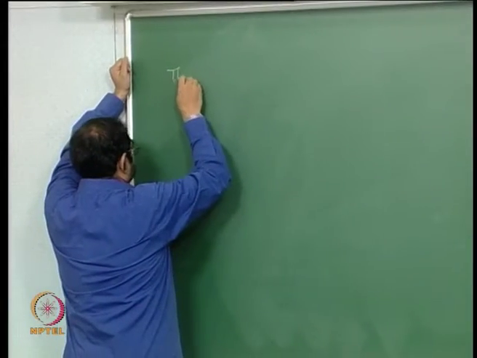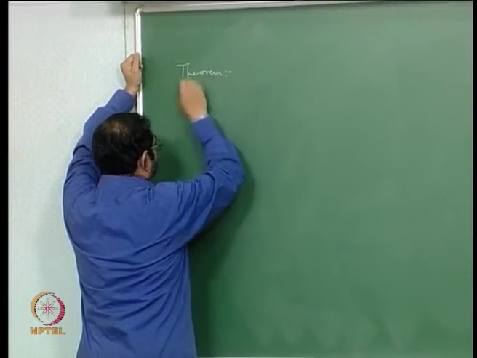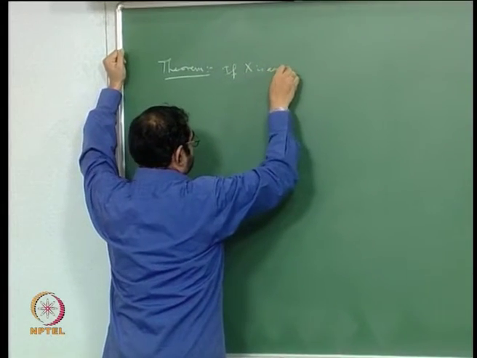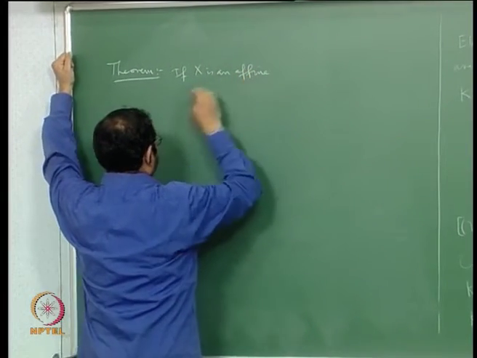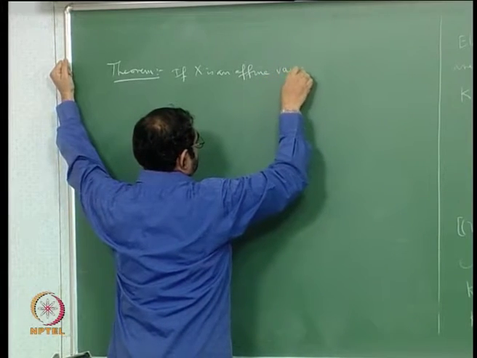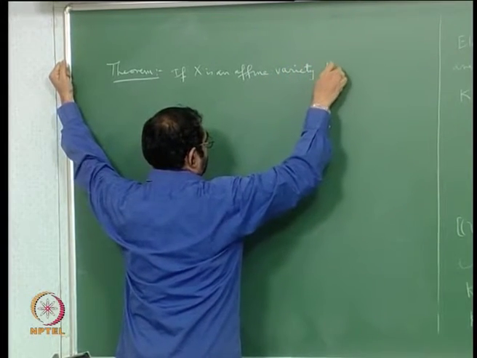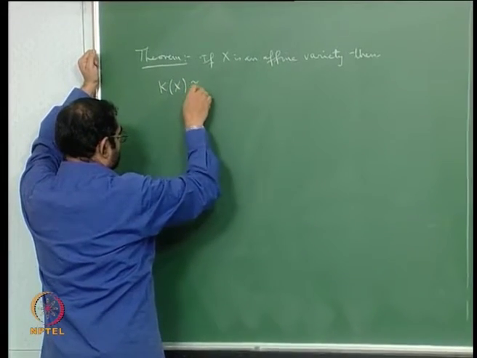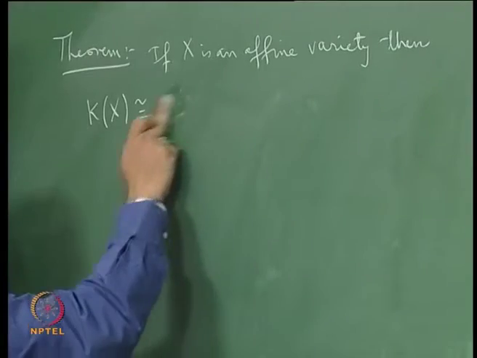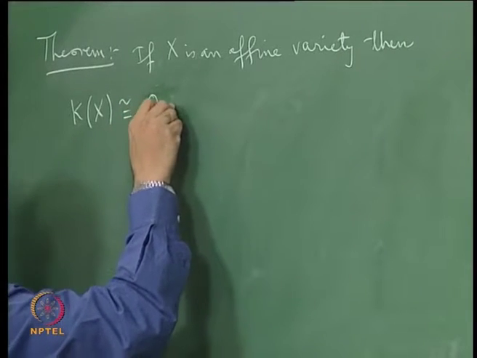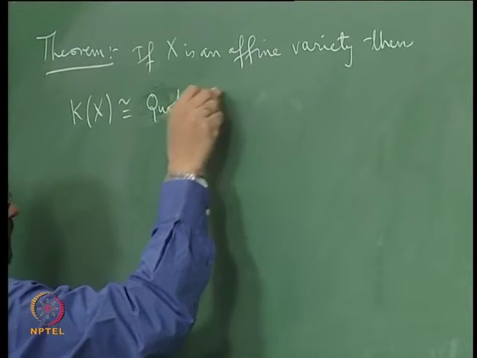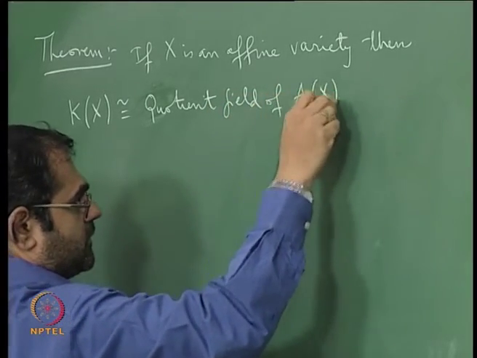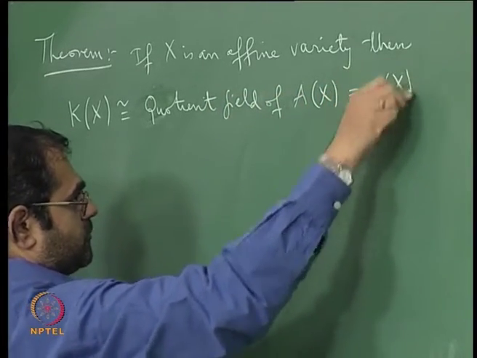So here is the theorem: if x is an affine variety, then Kx is isomorphic to the quotient field of Ax, which is equal to Ox.